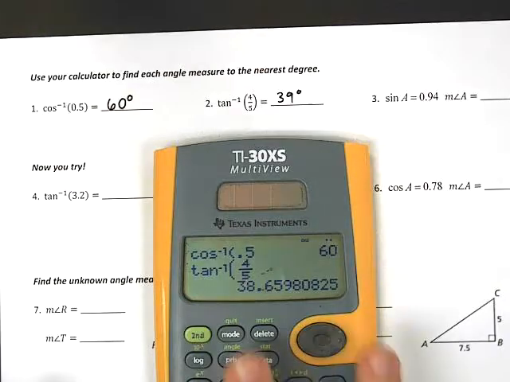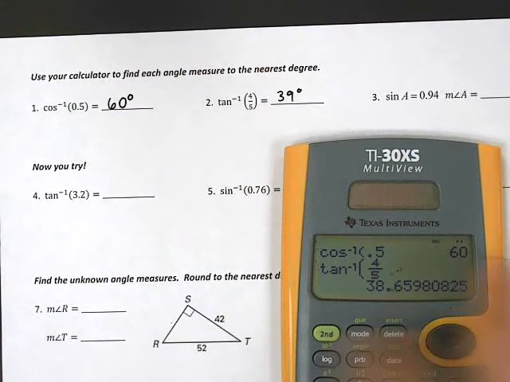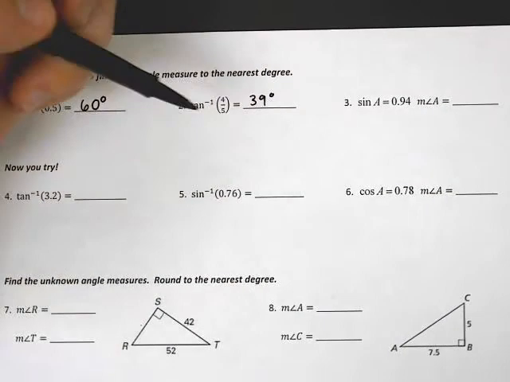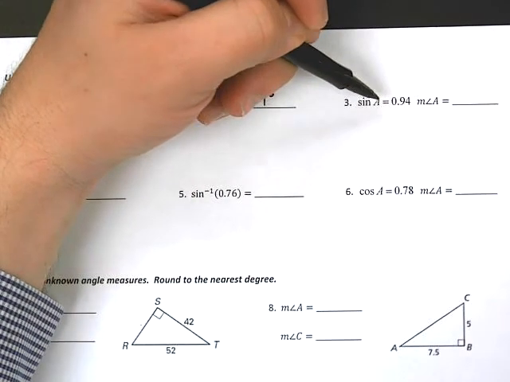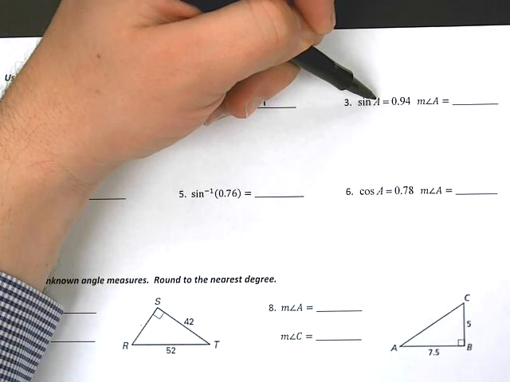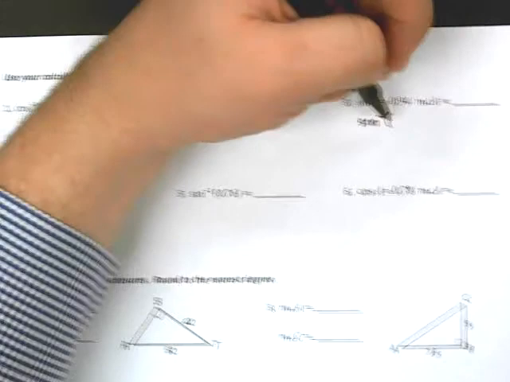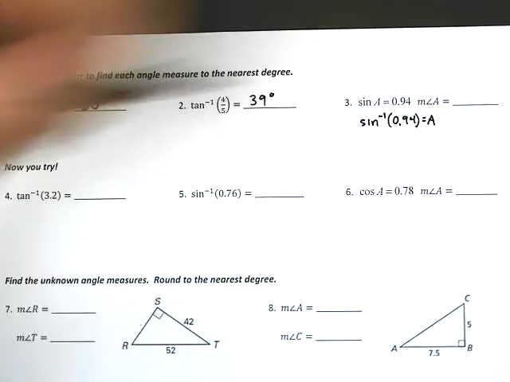And then lastly, this last one is inverse sine. Or actually, it's not yet. Let's take a look at this. This is a good example here. If I give you that the ratio is 0.94 and we're trying to get the angle, we can always rewrite it as inverse sine of the ratio equals angle.